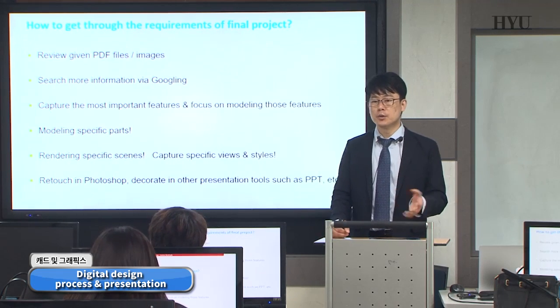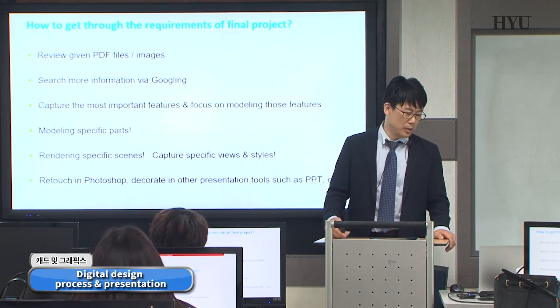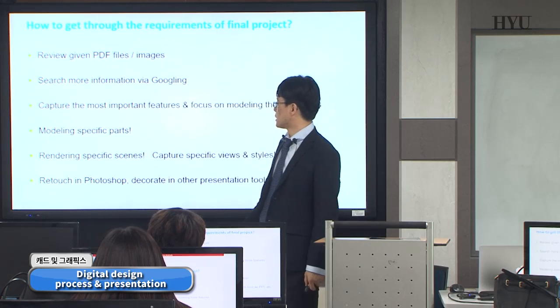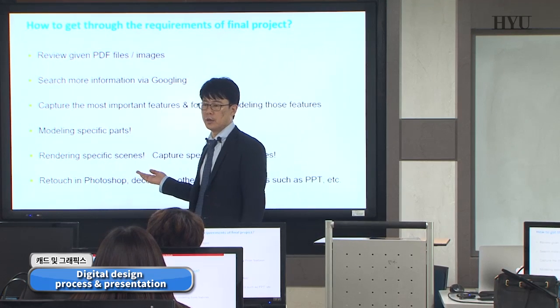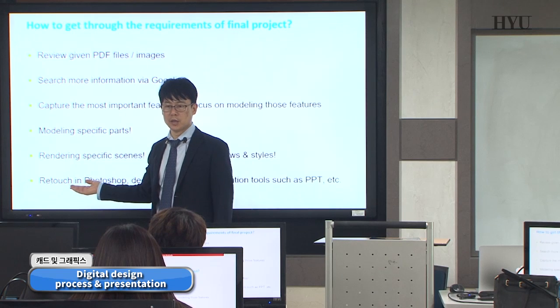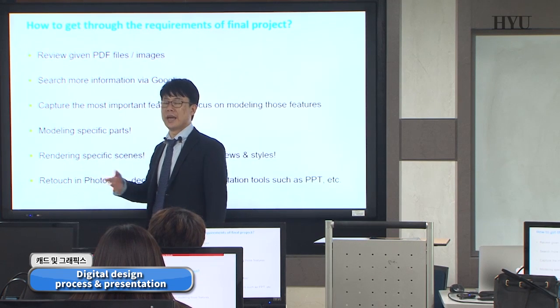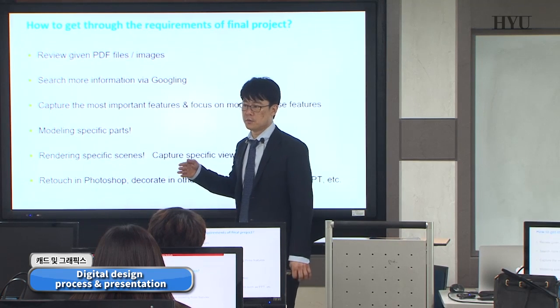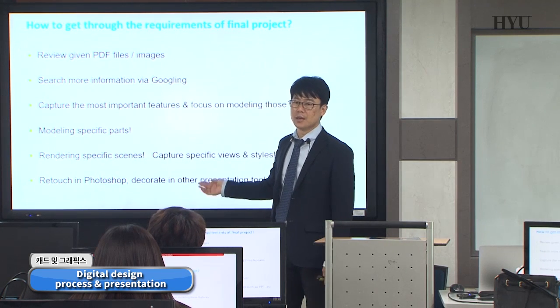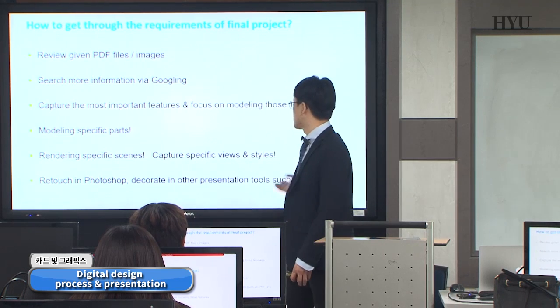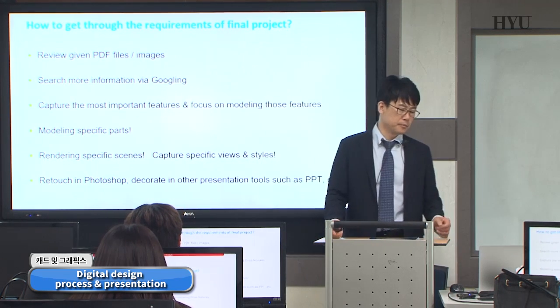You can focus on some selective parts, okay? And then try to render specific scenes, okay? Render here means not just V-ray render: line stroke, X-ray view, sketch style, just color scheme, lots of visually effective styles you can find out. Capture specific views and styles, okay?